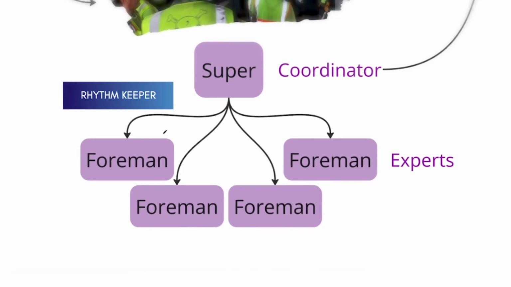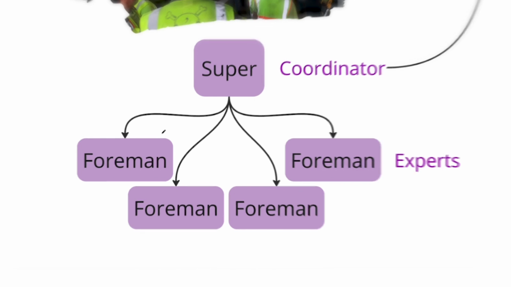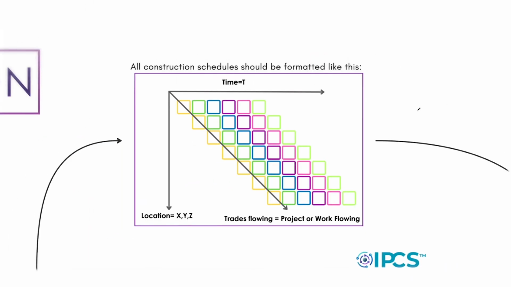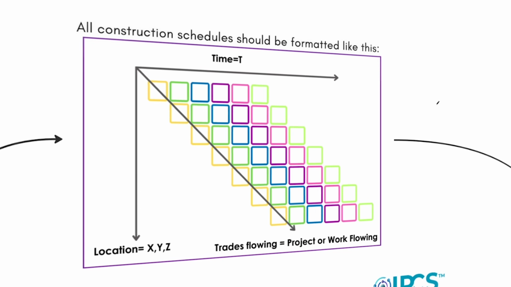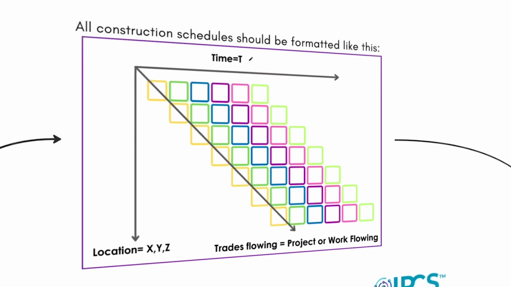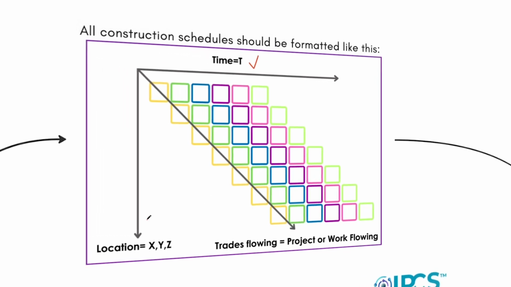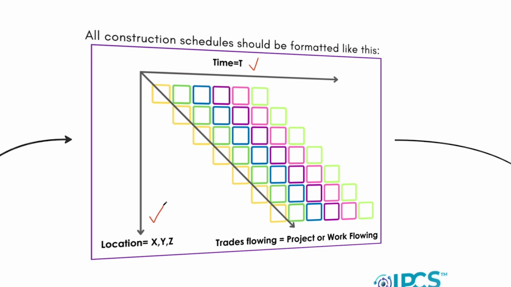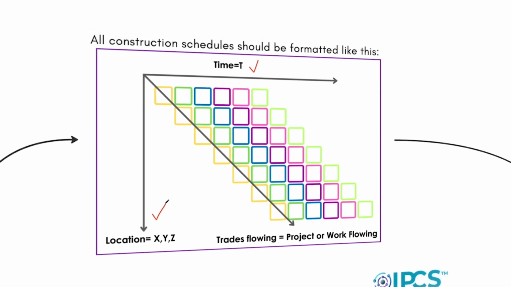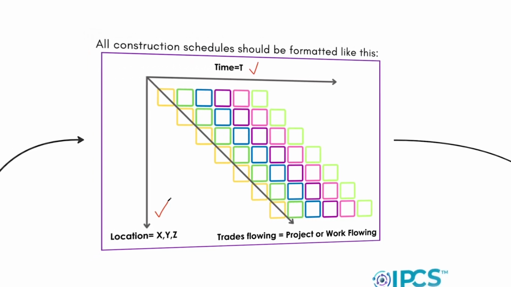So a superintendent should ideally love the Takt Production System, because all construction schedules, meaning all construction production plans, should be formatted like this, with time on the top and location, meaning X, Y, and Z, on the left. As we learn in Interstellar, that's really where you get your four dimensions.